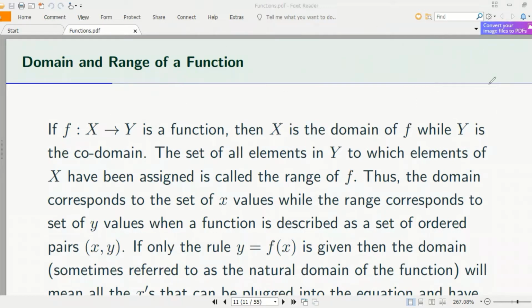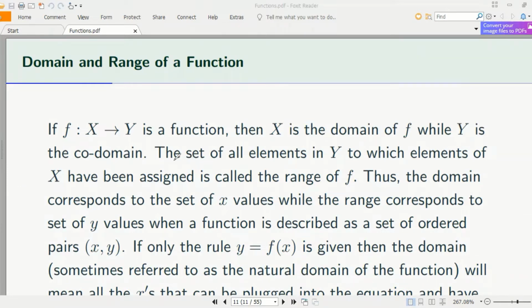All those explanations are what I've put here. I've said that if F is assigning elements of X to Y, and it's a function, then X is the domain of F, while Y is the codomain.